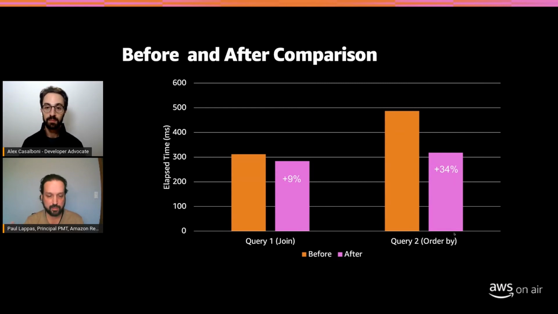On the second query that was just doing a select with the where by date, we actually saw a 34% improvement. It went from a little under 500 milliseconds to a little over 300 milliseconds because Redshift was able to pre-sort that data before we queried. And in fact, customers like ZS Associates in their own environments have reported back to us that they've seen improvements of 25% overall. That's pretty cool.